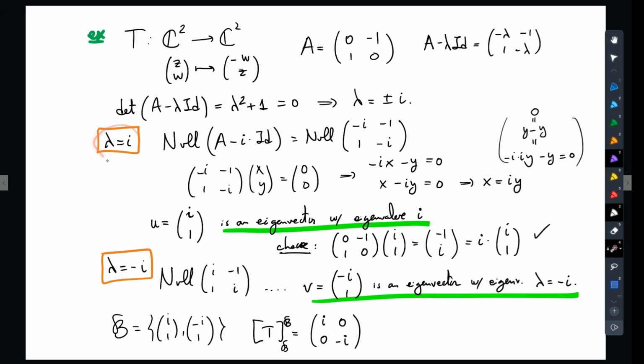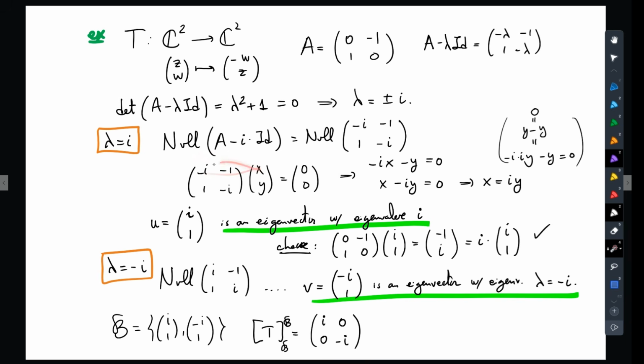If there are eigenvectors with that eigenvalue, they will be in the null space of this operator where lambda is now equal to i. This matrix has this form now, and I can try to compute the null space: what vectors are sent to 0. I want x and y such that this times (x, y) gives me the 0 vector.